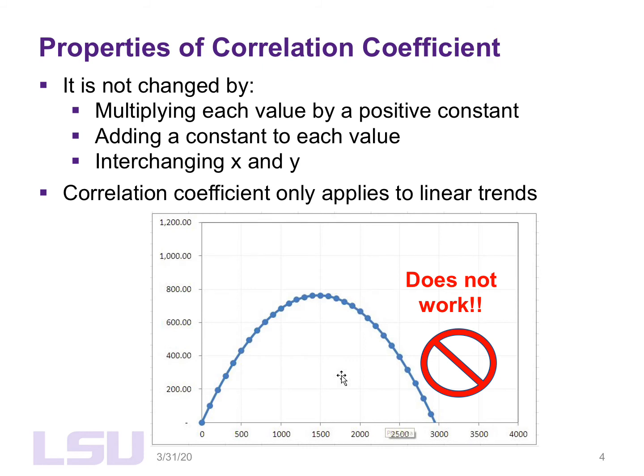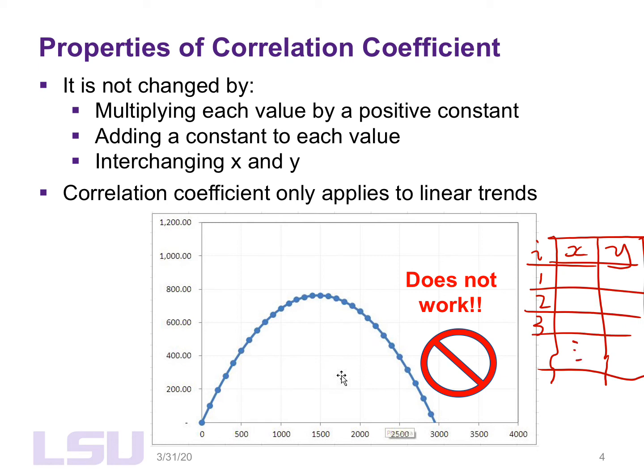Now let's talk about properties of your correlation coefficient. We're going to talk about this more later, but I tried to explain this before. If you have X and Y data, and this is your i, just the index 1, 2, 3, and you have so many of those.